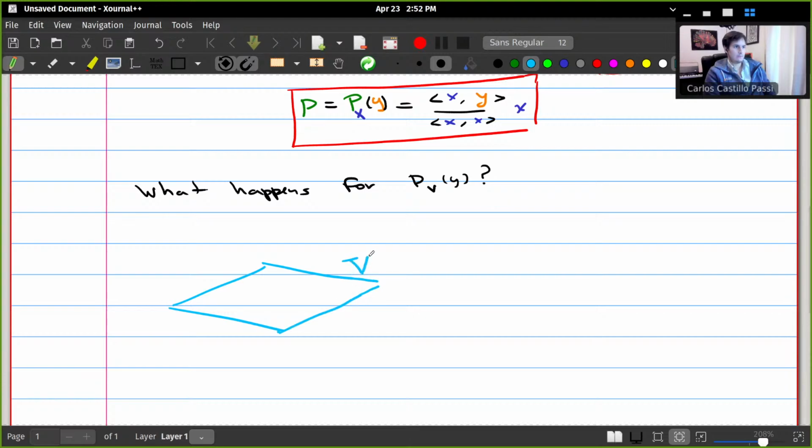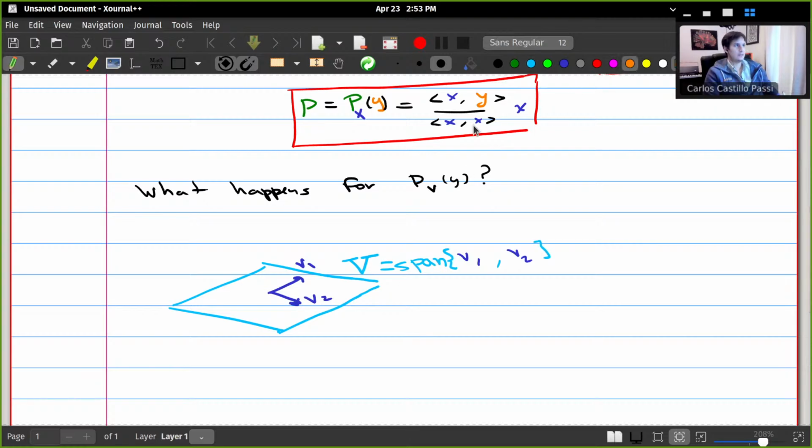You have a space V. You have some vectors V1 and V2 that are the bases of this. So V is the span of the vectors V1 and V2 in this case, but it could be more, obviously, more vectors.